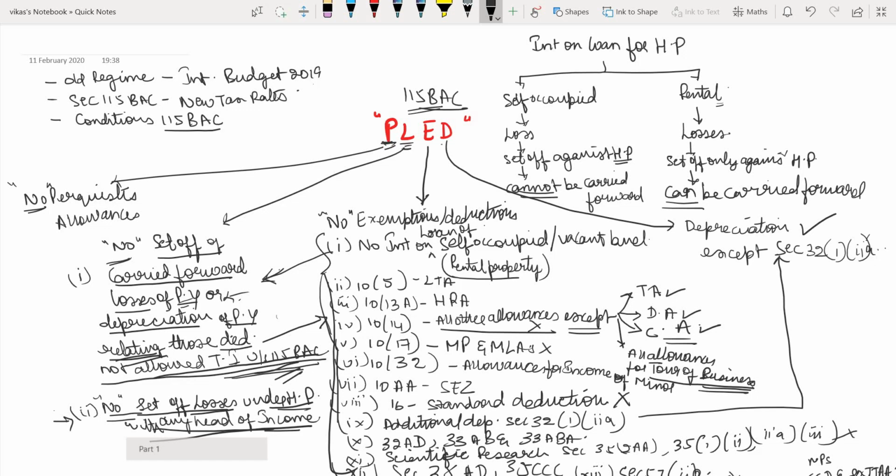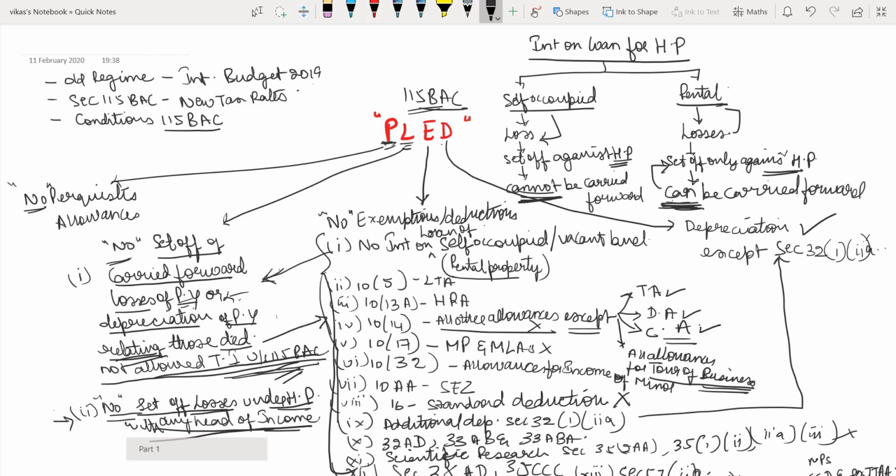To be noted over here, there is an important point: interest on loan for house property, self-occupied property and rental property. If there is a loss under self-occupied property, it can be set off only against house property. However, it cannot be carried forward. However, if there is a loss in rental property, it can be set off only against house property, and it can also be carried forward to the next years, wherein it will be allowed only to be set off against house property income.